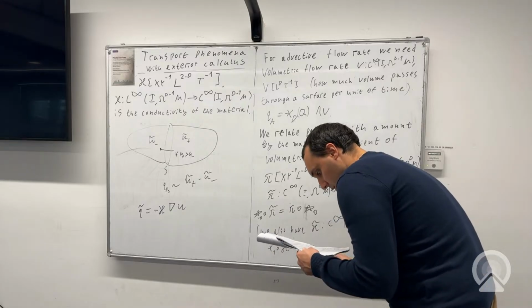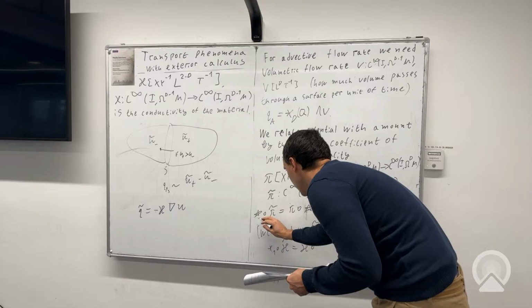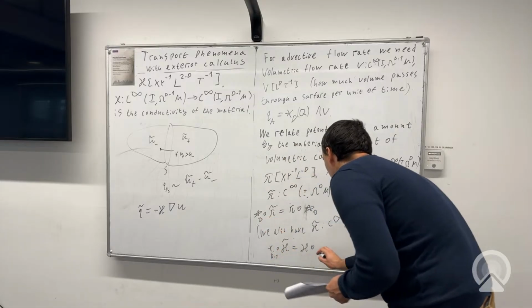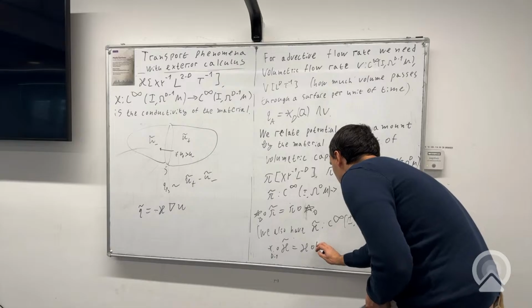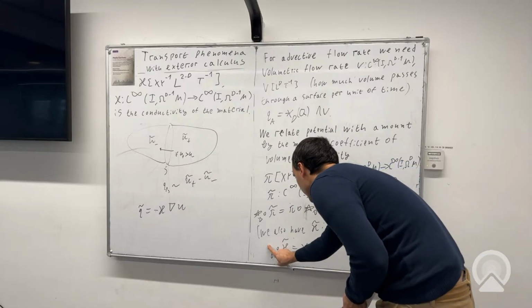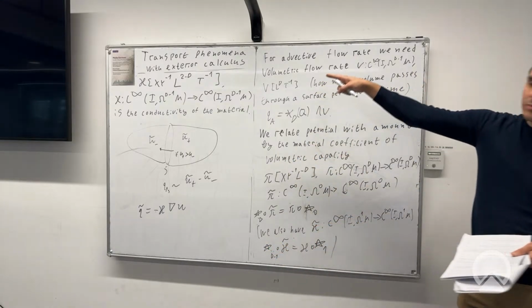Sorry, this is not right. This is star 0 and this is star d. And here is star d minus 1. And here is kappa composed with star 1. I forgot that I should make it there.